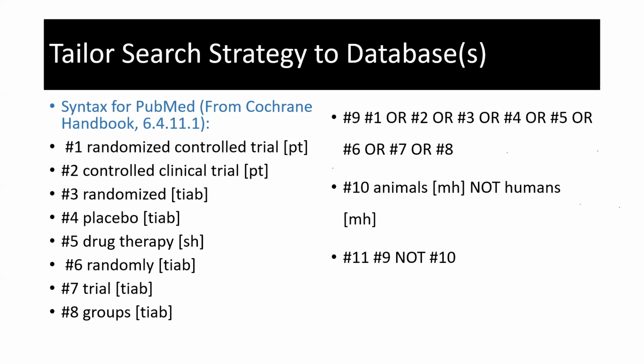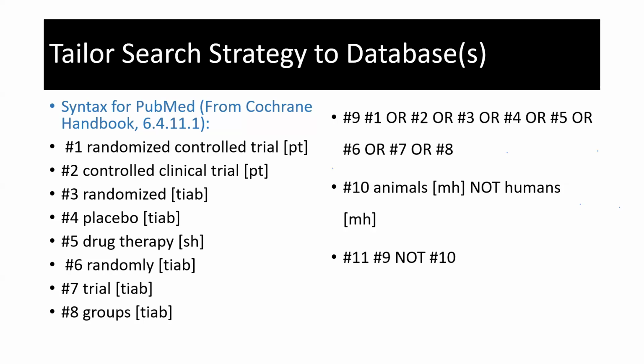But we don't want animal studies in it. So number 10 is animal, not humans, for instance. No, sorry, not humans, but we want to look into the animals only. So it's the other way around. The studies which we retrieve from PubMed should not have human subjects as experiment, only animals, because of course, it's unethical to subject humans to such experiments. Permissions are also required for animals, but most of the trials, phase 1 and phase 2, are done in the labs, where animals are subjected to the experiment.